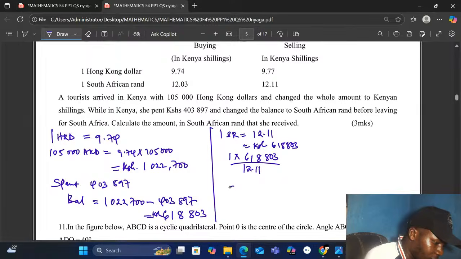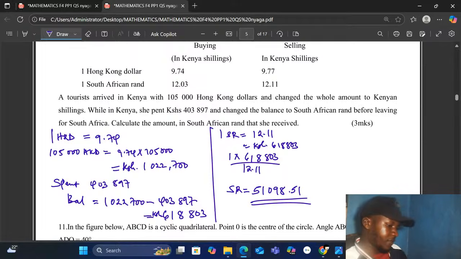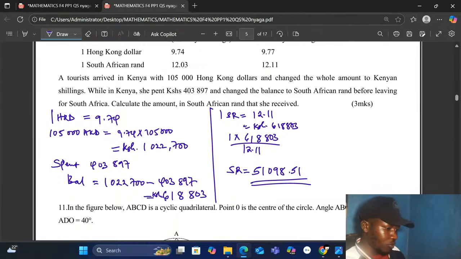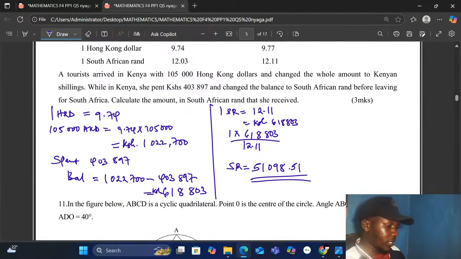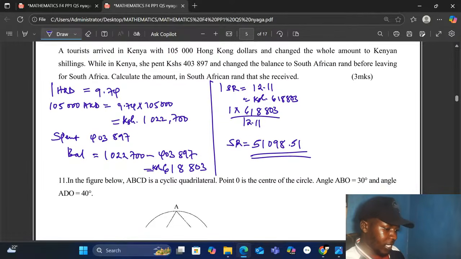So the amount in South African rand will be equivalent to 51,098.51. So this is the amount in South African rand that she exchanged the balance to. That is how we get 3 marks on the exchange.